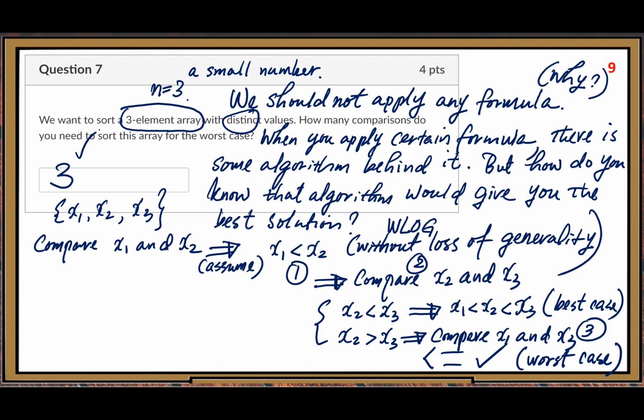Here, we didn't rigorously prove it. We just based it on our intuition. It seems like nobody can do better, but there is no proof for it. How do you know this is the best?